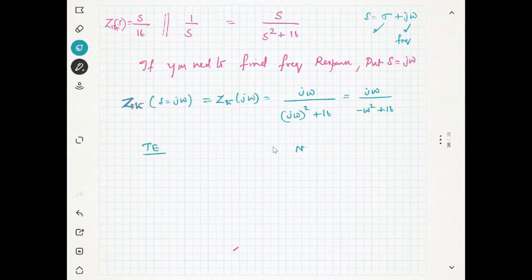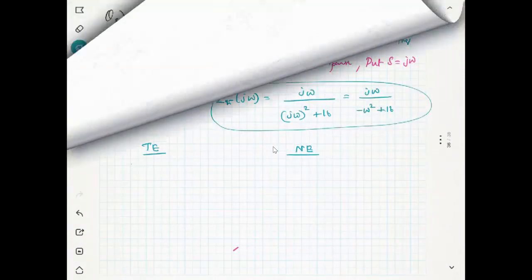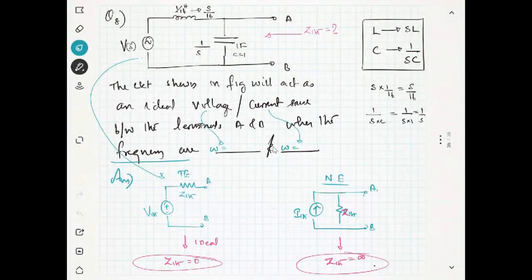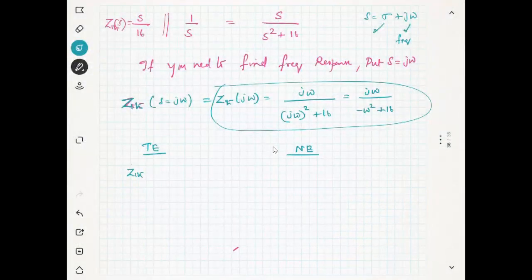Thevenin equivalent will give you an ideal source when Z Thevenin is equal to 0. So Z Thevenin equal to 0 implies j omega by minus omega square plus 16 equal to 0. Then what is the frequency? Omega equal to 0.